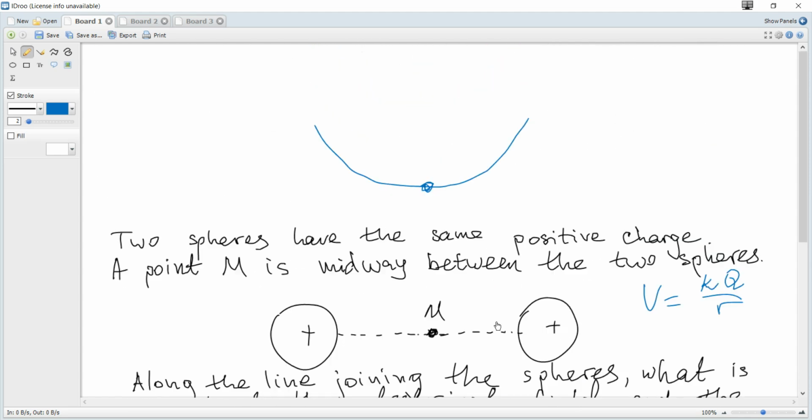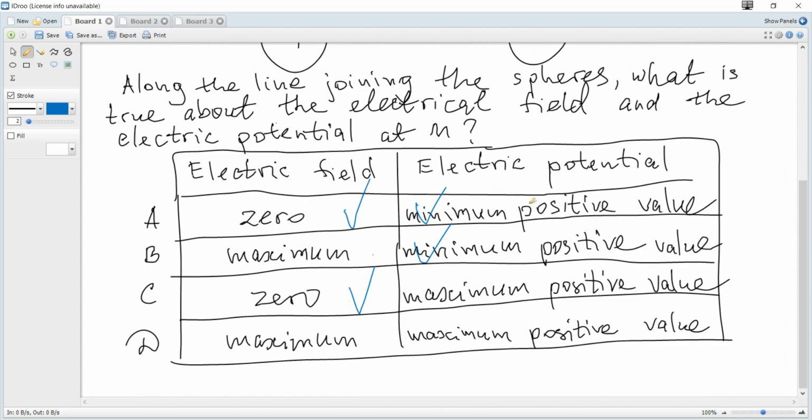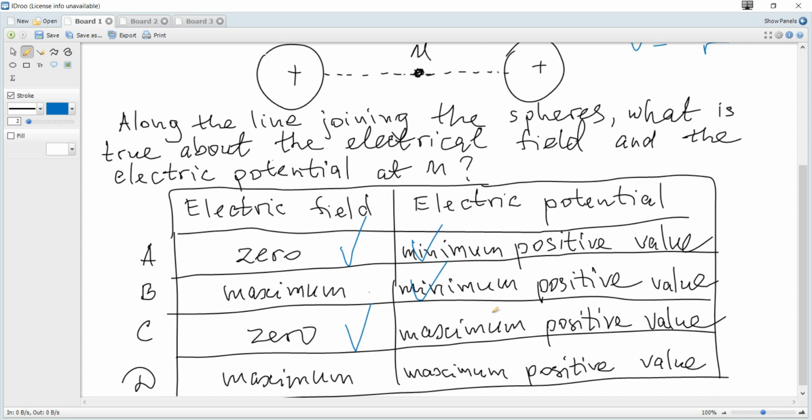Or if you don't know such a graph, you may deduce that since the options are minimum, positive, or maximum, it's about extreme values.